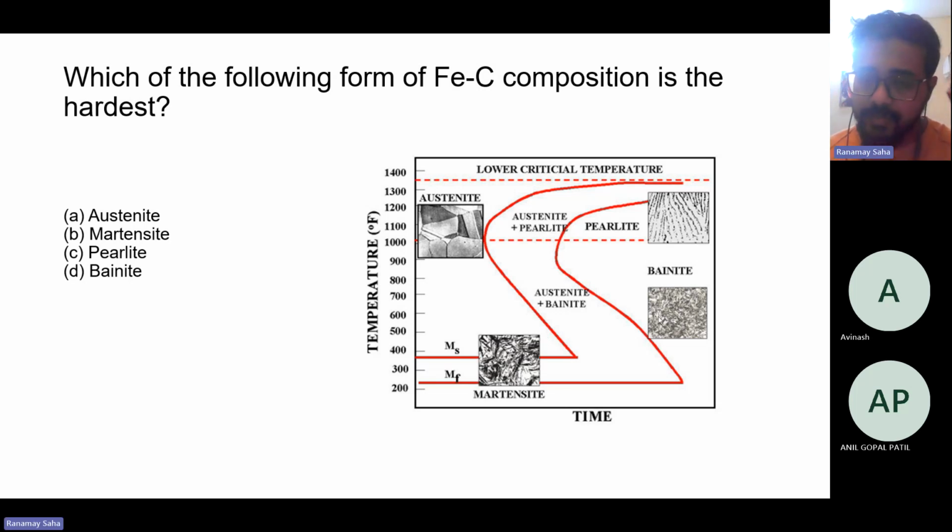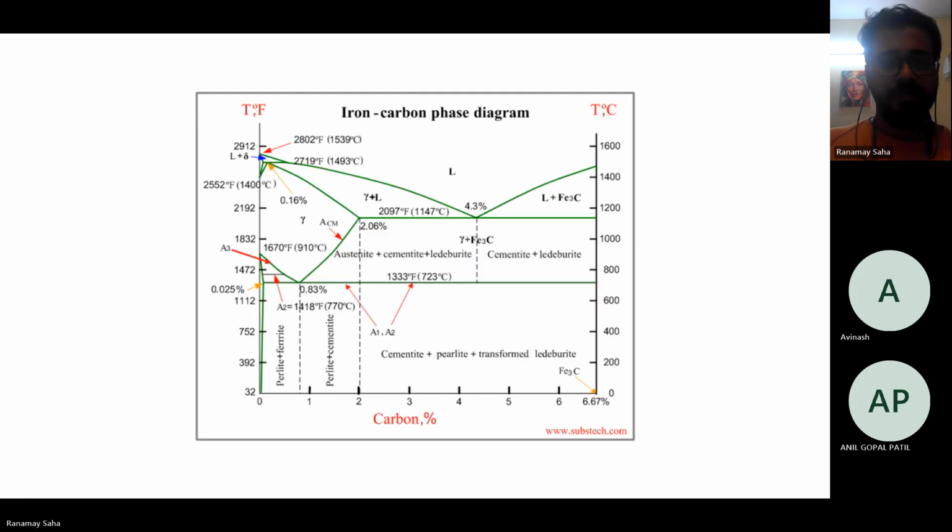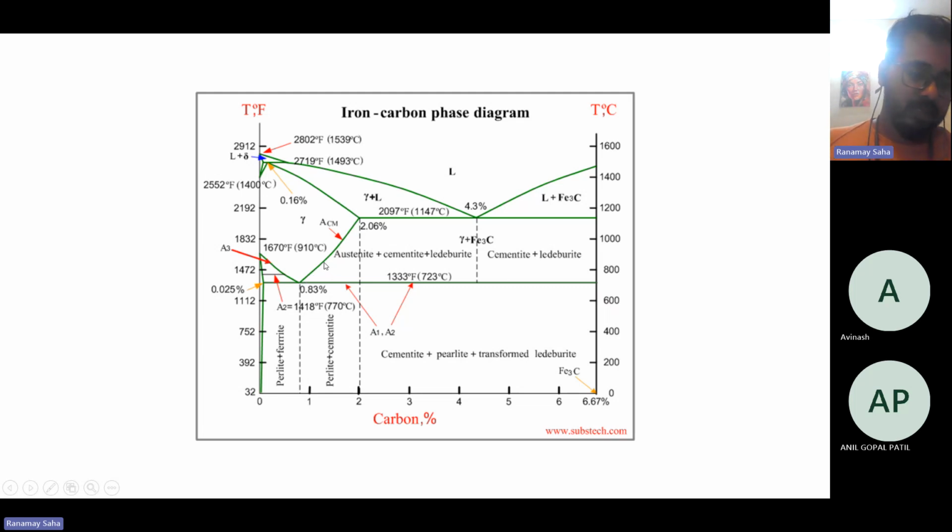You have asked one question: at 0.8% carbon, is it pearlite or ferrite? If you look at this iron carbon diagram, here you can see up to 0.8% carbon content the microstructure is considered pearlite, because this can be cleared from the eutectic composition.